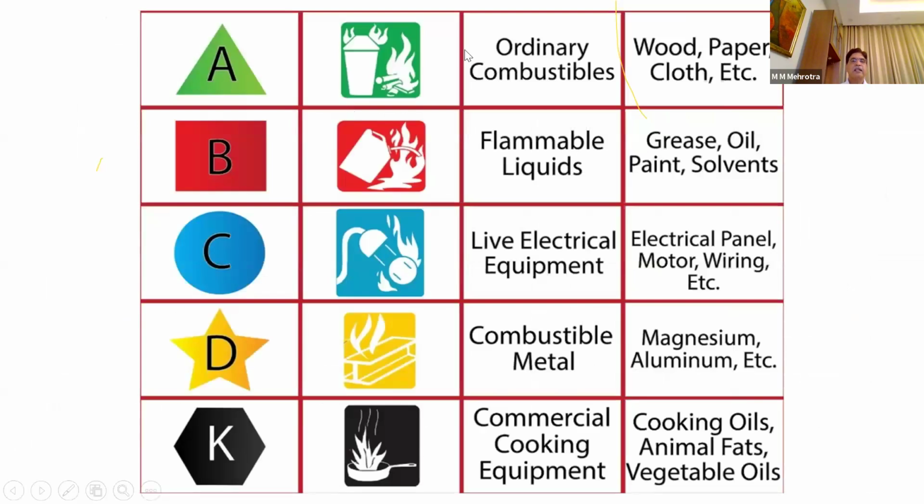Now these are different kinds of fire. Fire can be in my paper, in my clothes, in my wiring system, or maybe if some fuel store is there, fire is there. So different kinds of fire are categorized like this.